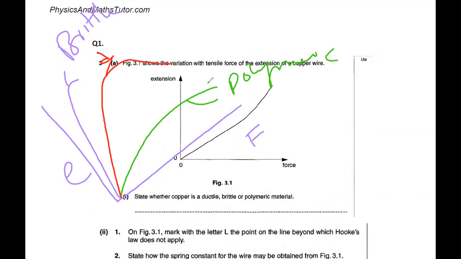They do not obey Hooke's law. Why? Because of their composition. Going a little bit into chemistry, we know that polymeric materials have long polymer chains. And these long polymer chains are the reason why your polymers are not following Hooke's law.